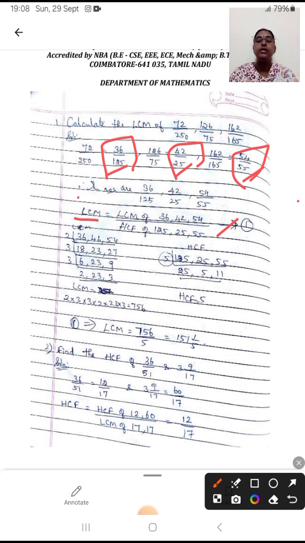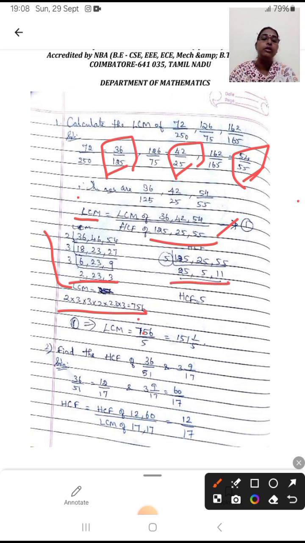So easily we can calculate. Already we know that for LCM we proceed up to the last level, multiplying all the numbers up to the common numbers. Here we got 756. For HCF we stop at the common number: 25, 5, 11.